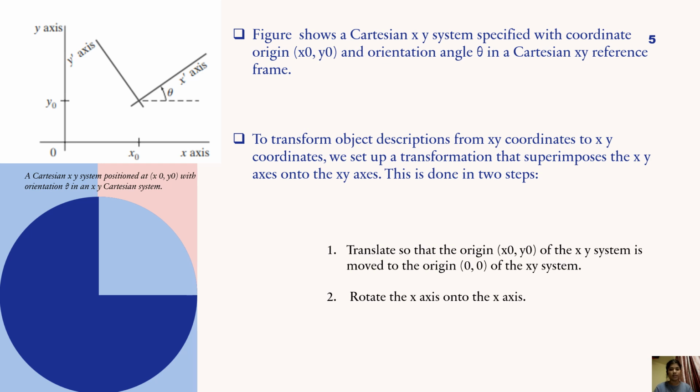This is done in two steps. First, translate so the origin (x0, y0) of the x'y' system is moved to the origin (0, 0) of the xy plane, and then rotate the x' axis onto the x axis. You can just see the figure for how it happens.